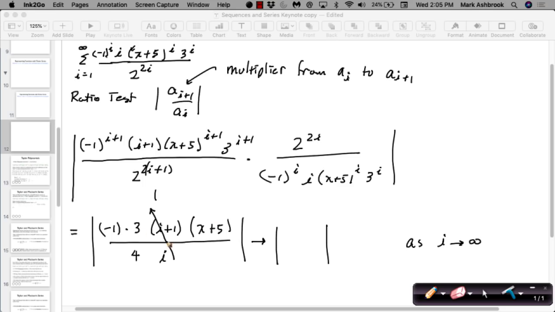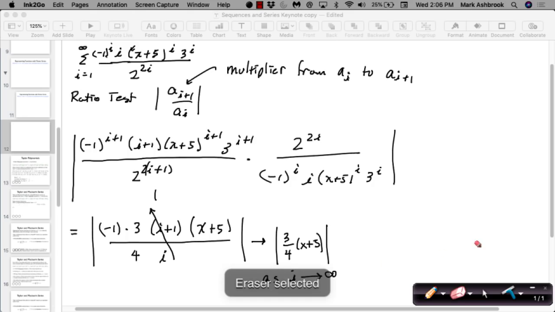Those have nothing to do with i. They don't care about i. They're just going to stay like this. So as i gets big, that ratio of i plus 1 to i goes to 1, and then we're left with the absolute value of 3/4 times x plus 5. Okay, are we in agreement? Yes?